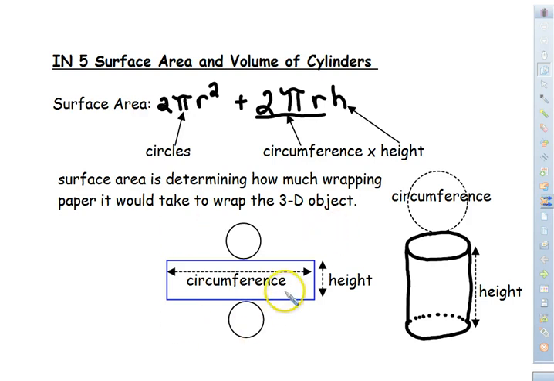Same concept, except you're dealing with these round shapes, but you will see that when you cut it apart, and I'll show you this in class as well, what you end up with. So if you have not copied this down, be sure you do that now by hitting pause.